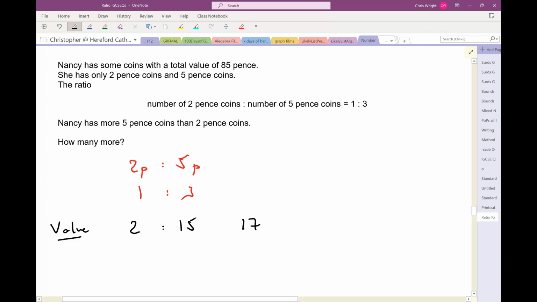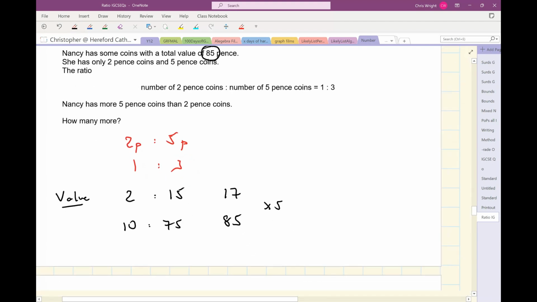And she has a total of 85. Aha, 17 to 85. Right, 85 divided by 17 times by 5. So 10 to 75. So she's going to have 10 pence worth of 2p's and 75 pence worth of 5p's.